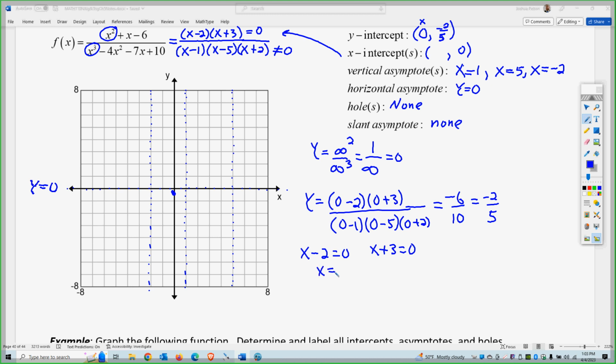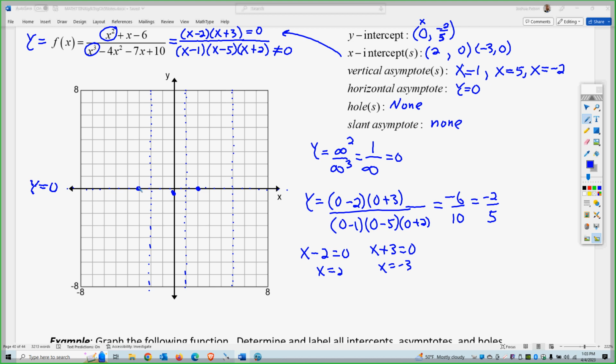So x is equal to 2, and x is equal to negative 3. So we have 2, 0 and negative 3, 0. Because this is also a y equals, and if y is equal to 0, you have an x-intercept. If the numerator of the fraction is 0, then the whole thing is 0. So that's all you need to solve for. So I'm at 2 and negative 3.